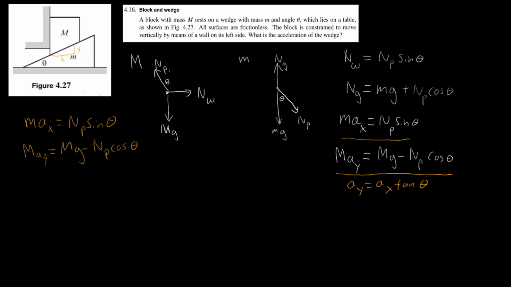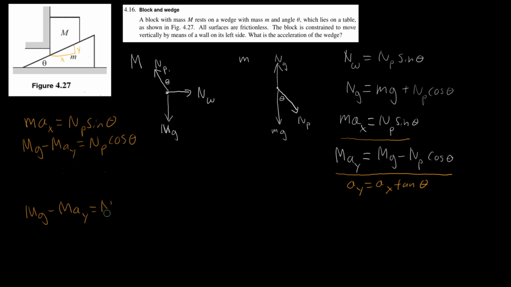I'm going to move this Mg to the other side. May minus Mg is equal to minus NP cosine of theta, and therefore Mg minus May is equal to NP cosine of theta. And then I'm just going to move this part up here and rewrite it for clarity, to show you this trick that I'm about to do, which should make things pretty easy to solve here.